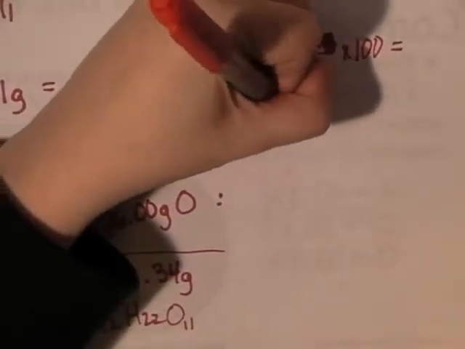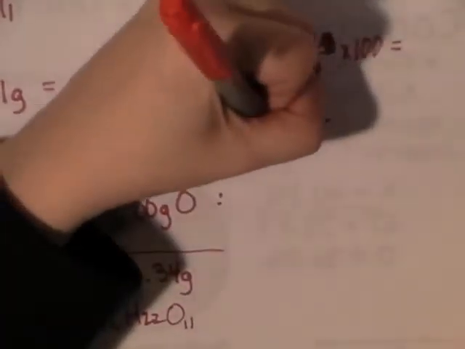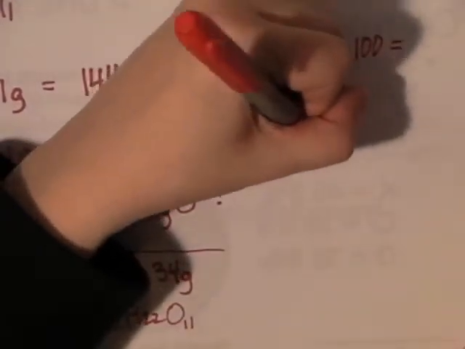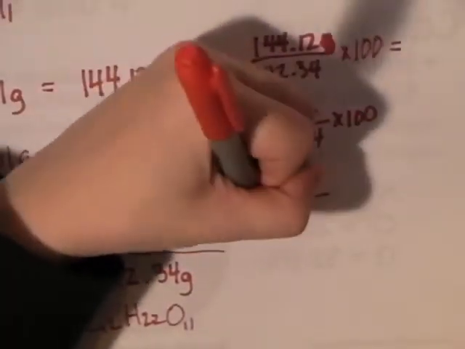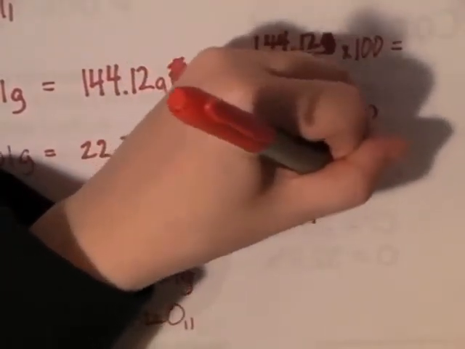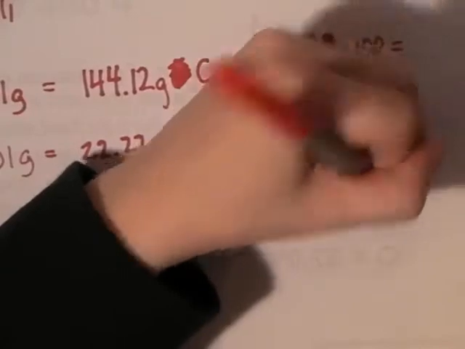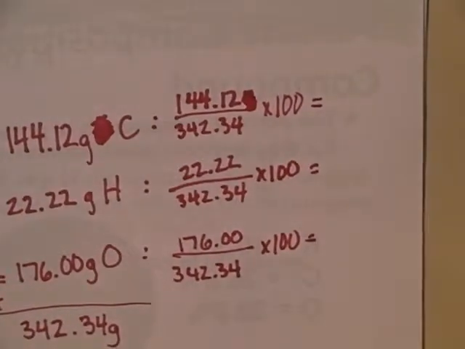So for hydrogen, it's 22.22 divided by your total, 342.34 times 100, and oxygen, 176.00 divided by 342.34 times 100. All right, those are your 3 math setups.